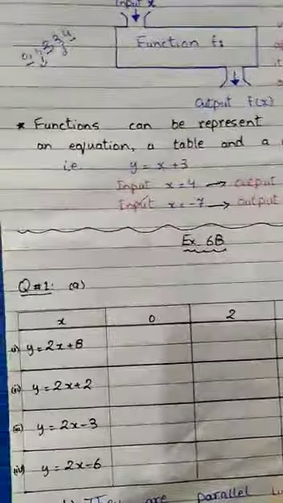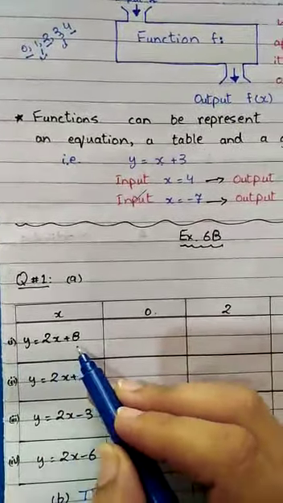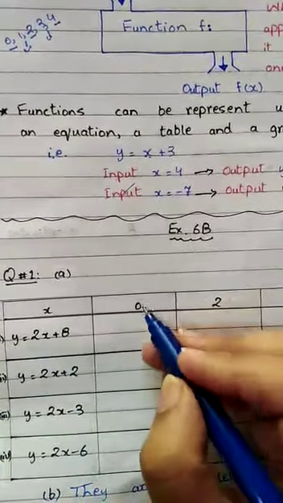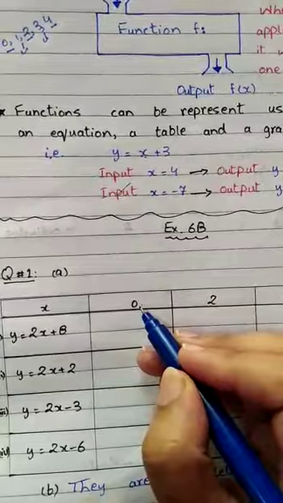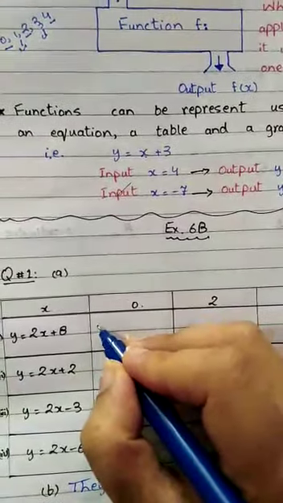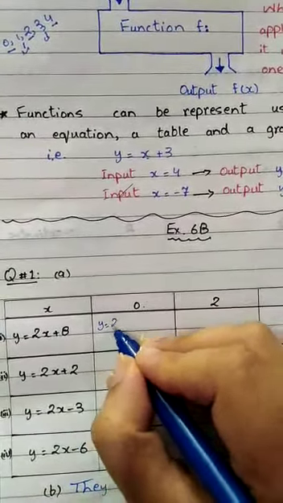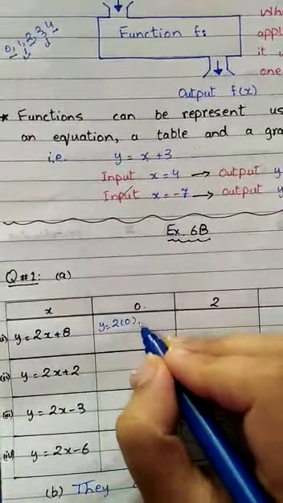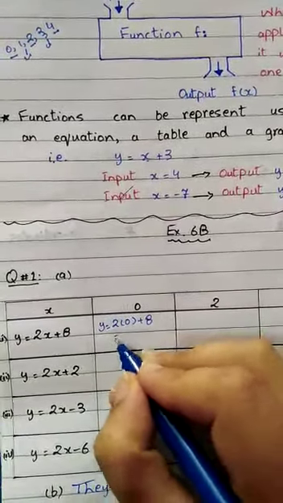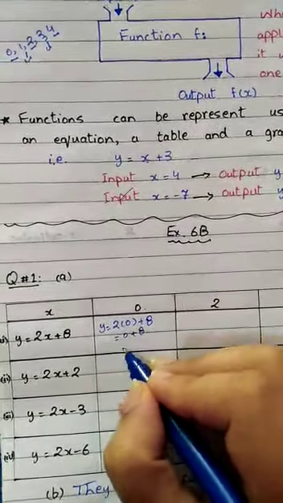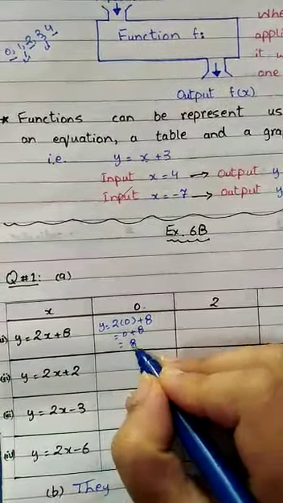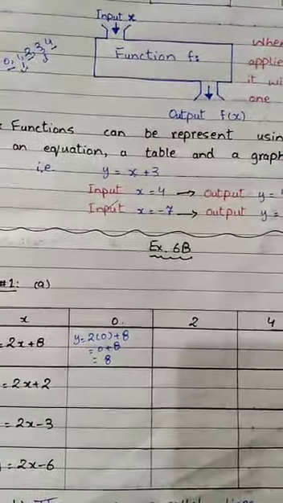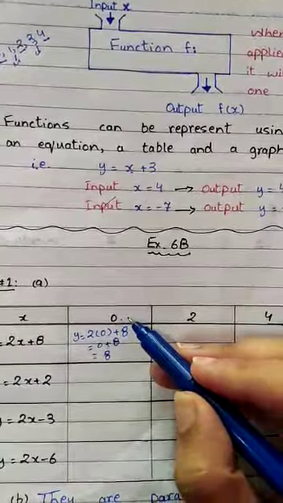Okay. So let's start. The first function is y is equal to 2x plus 8. Okay, so here input is 0. Okay, so y is equal to 2 into 0 plus 8, and you will get 0 plus 8, y is equal to 8. Okay, so the coordinates become: when x is equal to 0, y is equal to 8.